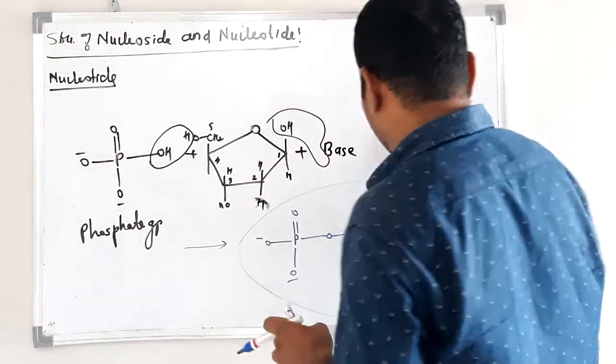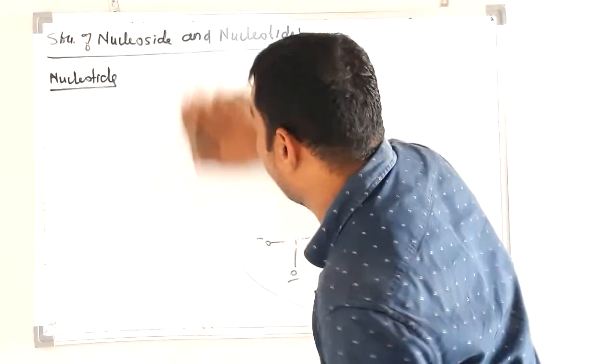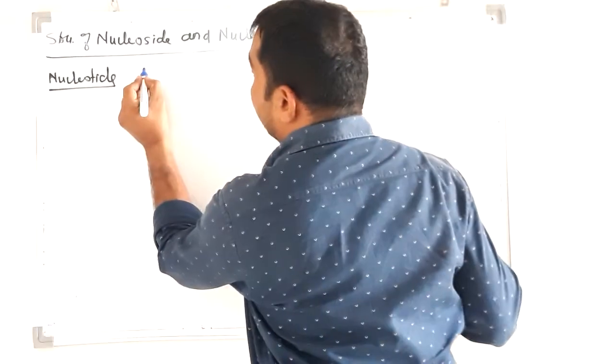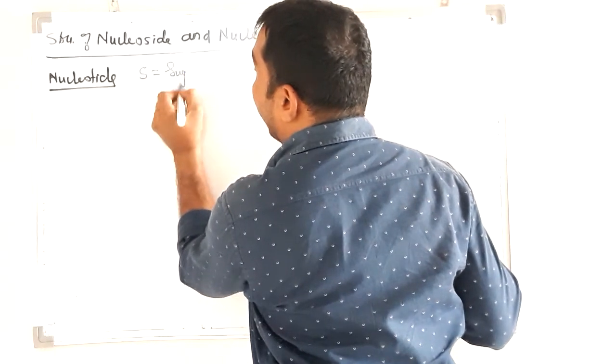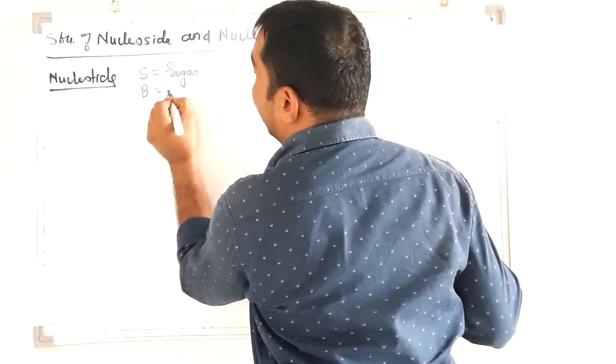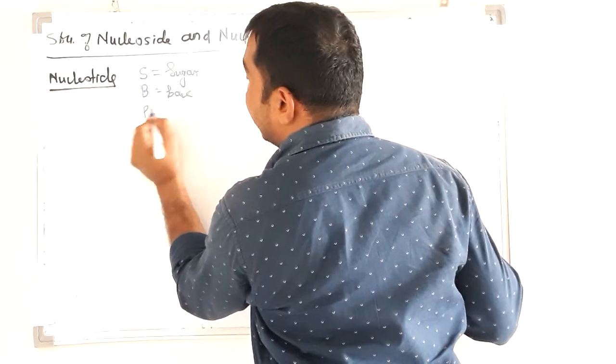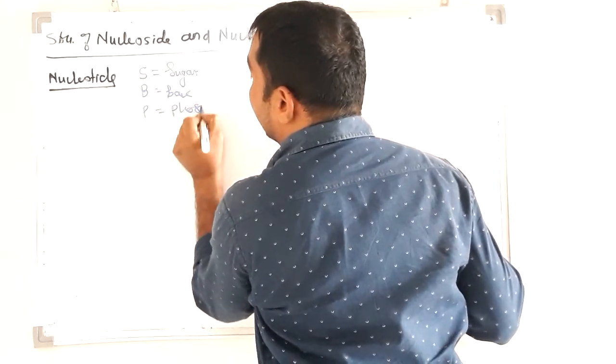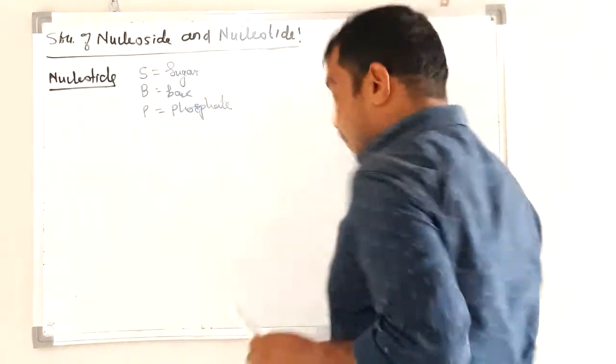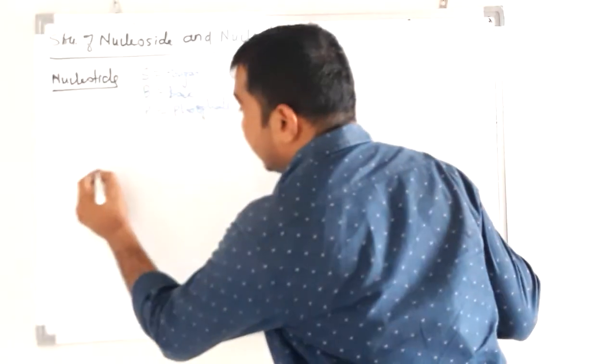So again I will try to explain in a very simple manner. See, S stands for sugar, B stands for base, P stands for phosphate. So what happens?